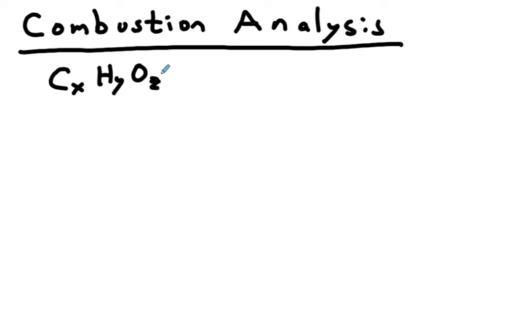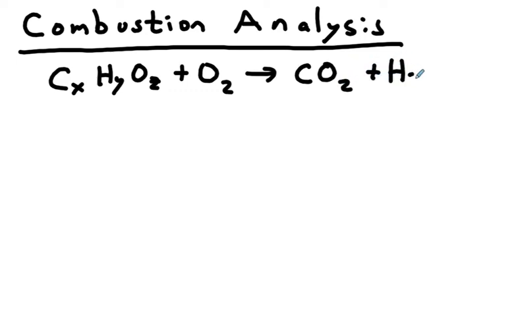So we imagine taking this and plenty of oxygen, and when we burn it, we end up with just carbon dioxide and water, since we have excess oxygen and we don't get any carbon monoxide, and the hydrogen all ends up becoming water.